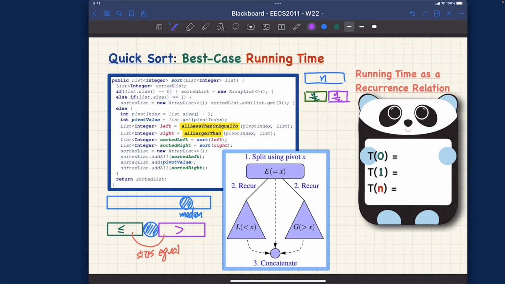And if you do another split over here, for example, this part over here, again, we chose the pivot so carefully to be the median. So this part over here and this part over here is going to be n over 4. N over 4. I'm talking about sizes, of course. N over 4 and also n over 4.